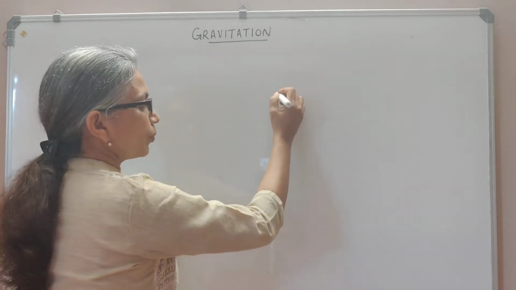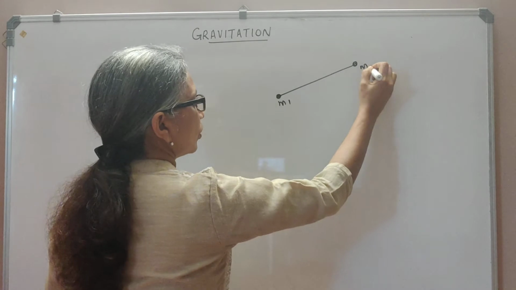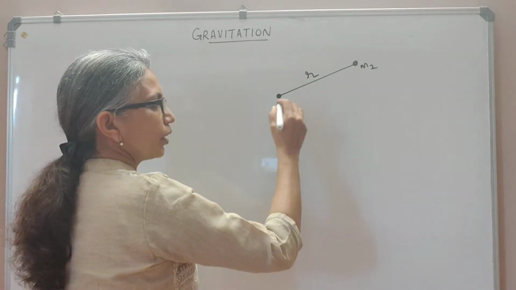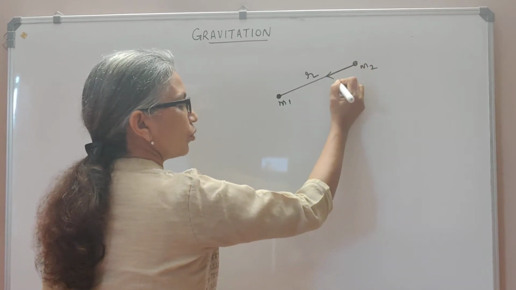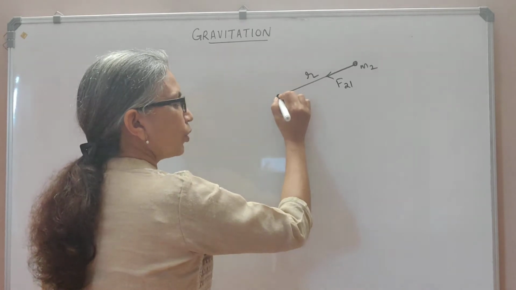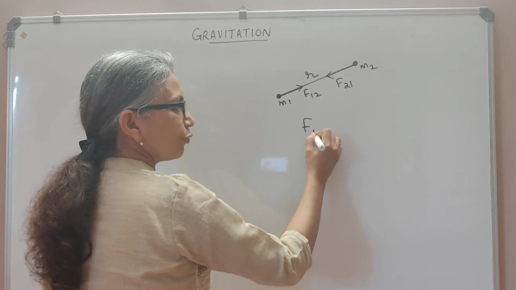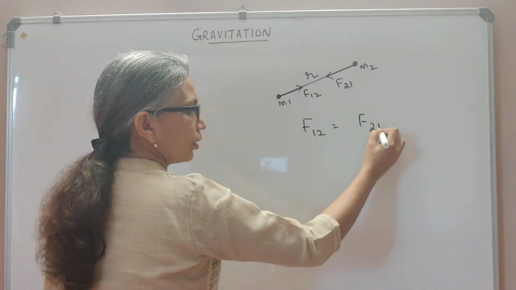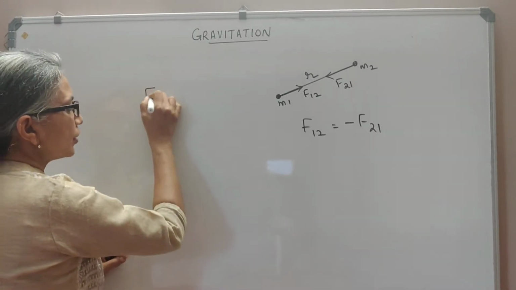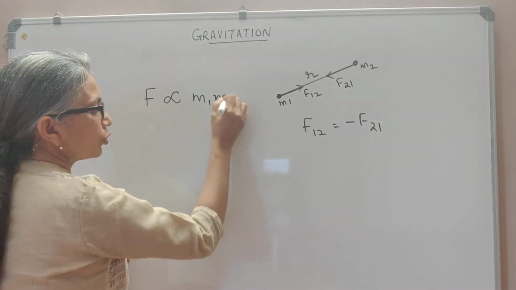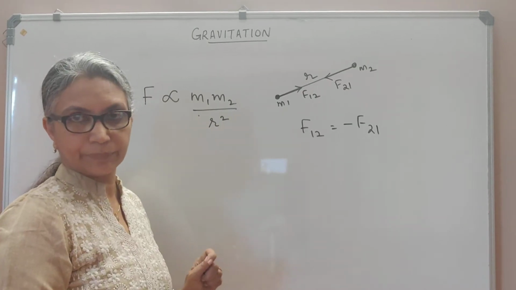That is, if you have two masses, let's say we have a mass m1 separated from a mass m2 with a distance r between them, mass m1 is going to be attracting m2 with a force F21, and m1 will be attracted by m2 with a force F12, such that the two forces are equal in magnitude but opposite in direction, and the magnitude of this force is proportional to the product of the two masses and inversely proportional to the square of the distance between them.